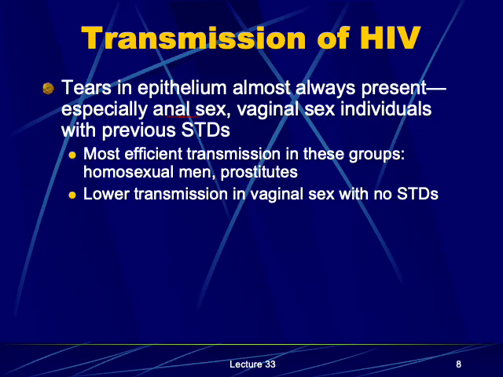A person has vaginal sex, but there are STDs there. Sexually transmitted diseases: think tissue damage, blood. That's where you see the highest, most efficient transmission. So, homosexual men, anal sex, prostitutes having a lot of sex, there's a high chance they'll have some type of STD. There's lower transmission if someone's having vaginal sex and there are no STDs. Right?